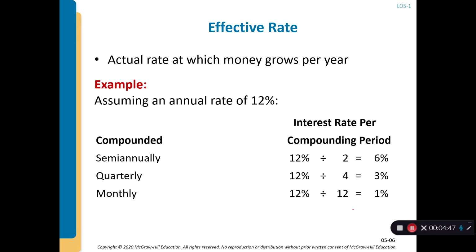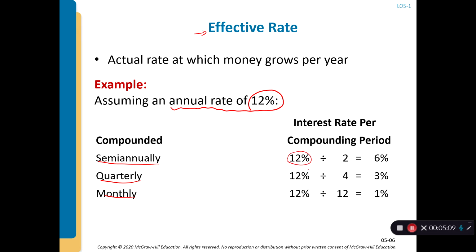Now the effective rate. We want to introduce this concept because banks always give you the annual rate, but they will say compounding annually, compounding quarterly, or compounding monthly. That means the compounding rate is not 12% anymore.